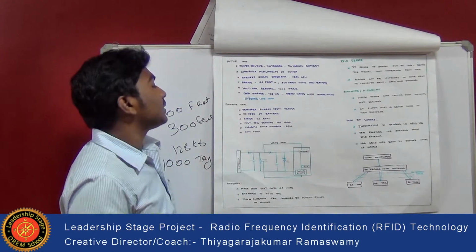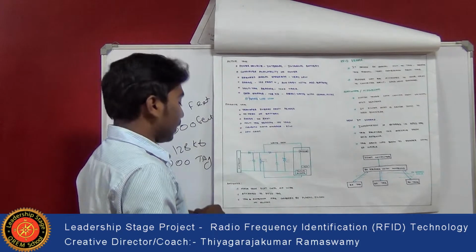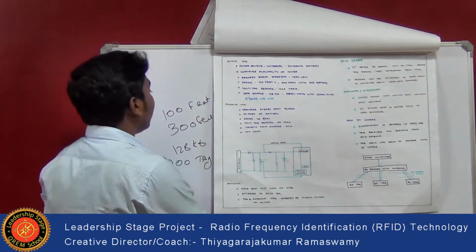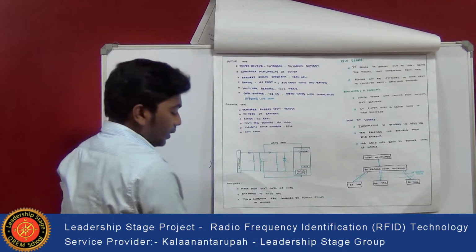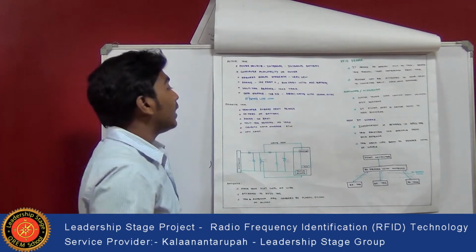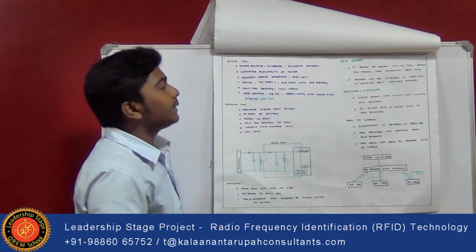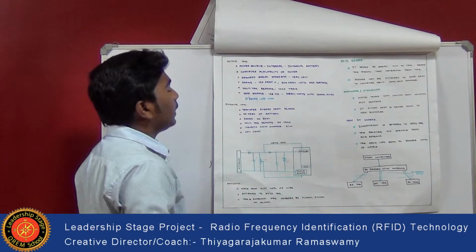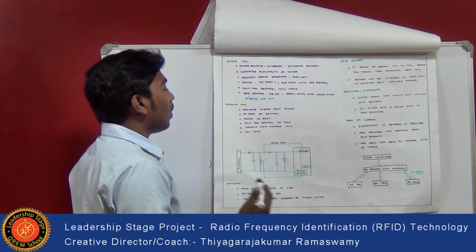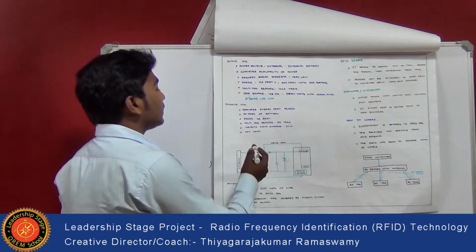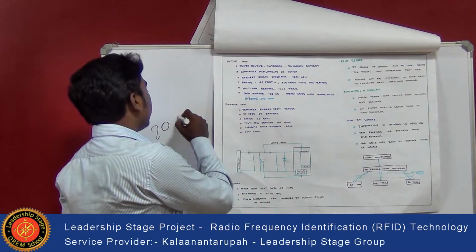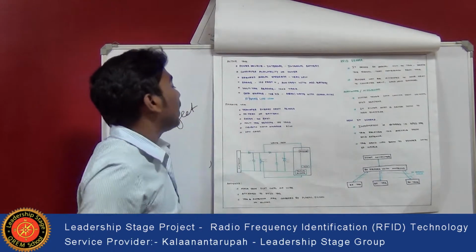In passive tags, there is no need of an internal battery. The tag can harvest the energy from the reader. Its lifetime is long, but its range is reduced to 20 feet since there is no internal battery.